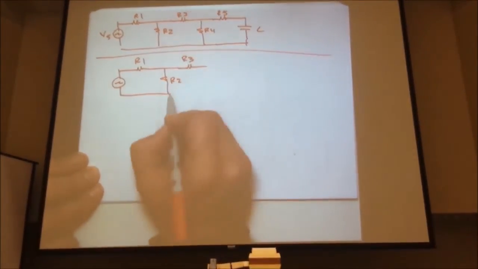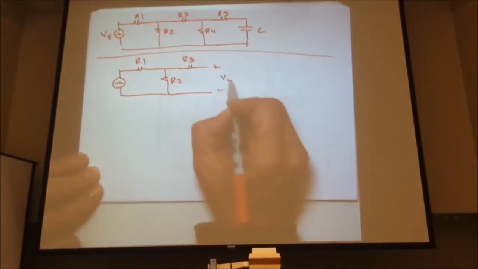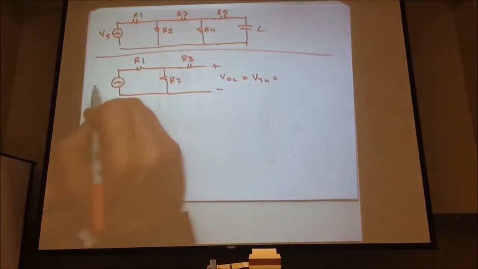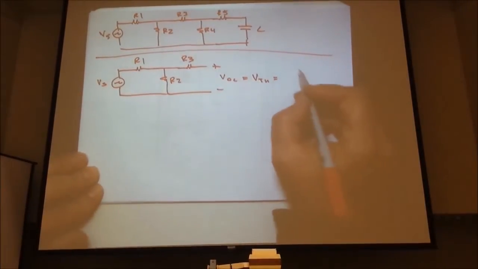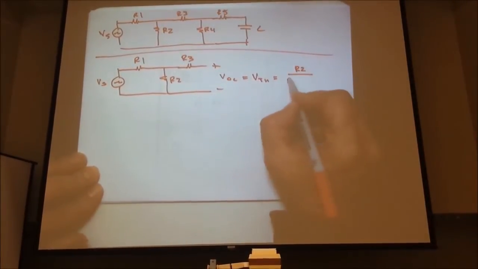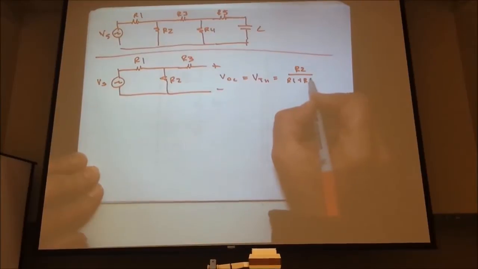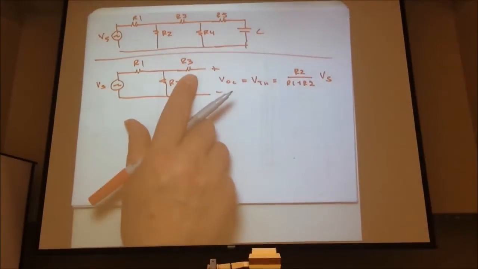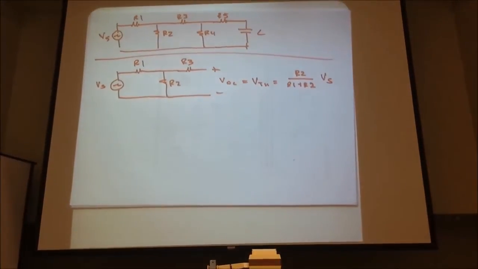There's R3. There's the open circuit voltage, V Thevenin, equals what? Well, I hope you agree, this is fast, but R2 over R1 plus R2 times V source, right? That's V Thevenin. This guy doesn't matter. This winds up just being a voltage divider.